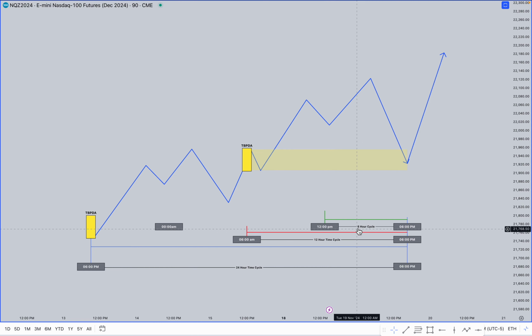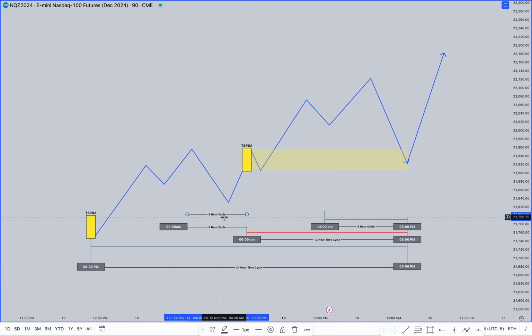It's midnight, right? So the distance from here to here, here to here, that is 6 hours. That means even from here to here, that is 6.